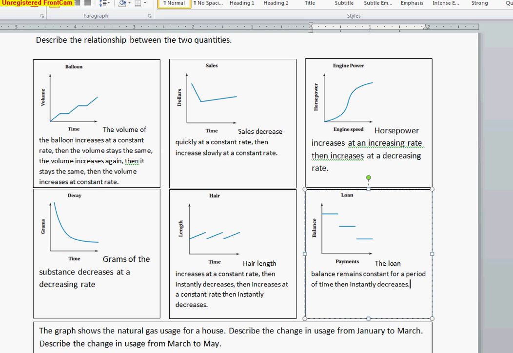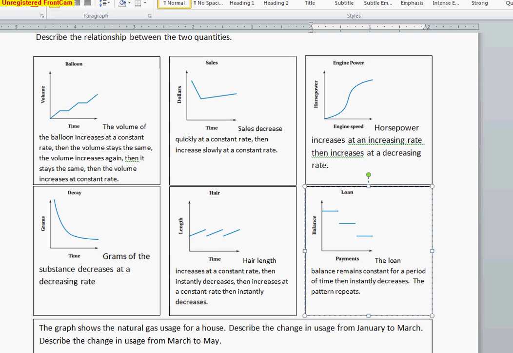And we'll just say the pattern repeats. It's like you have to pay off once a month, and you have a certain balance that does not change, but then once you make that payment, then the balance changes. And then you still owe that same amount for a period of time, and then you make a payment, and that balance stays the same for a period of time, then you make another payment.